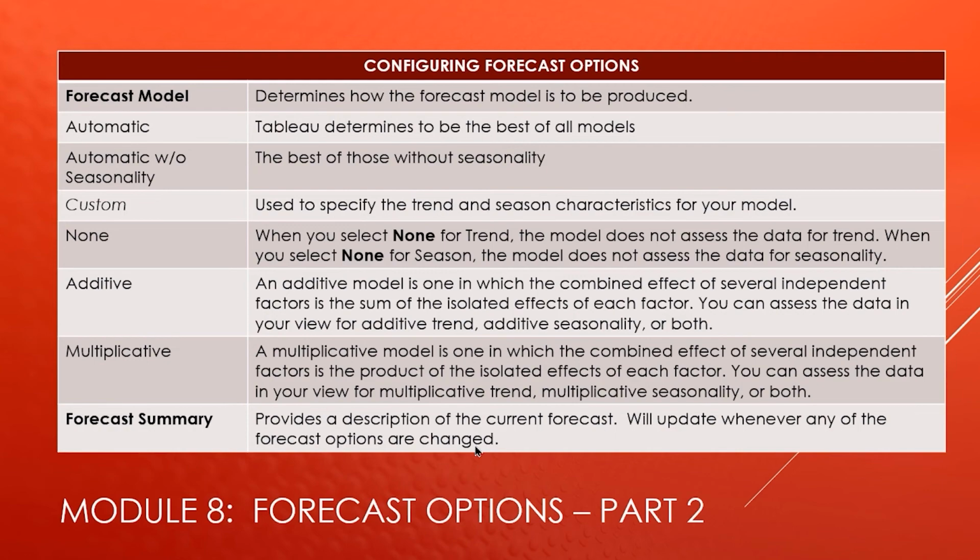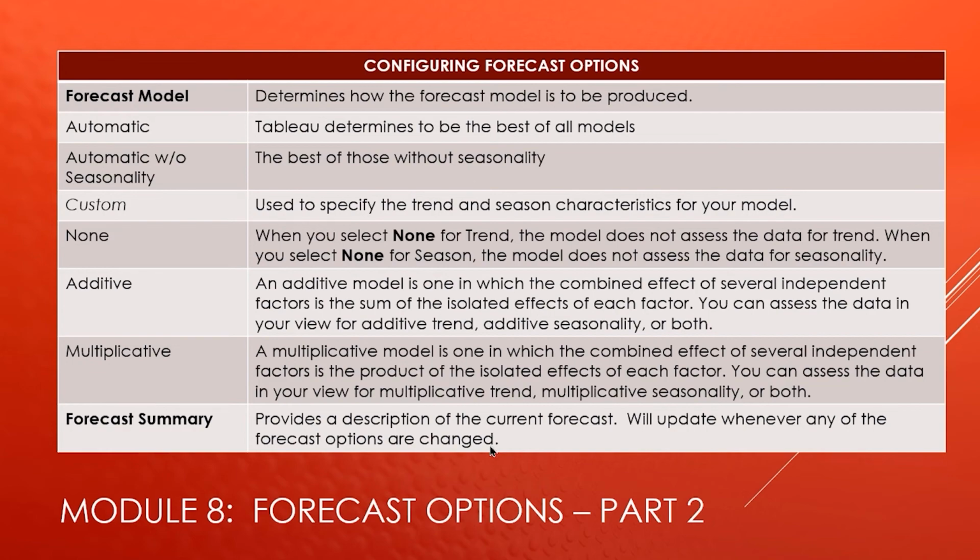The second part of configuring forecast options, we're going to review the forecast model and forecast summary. For the forecast model, that determines how the forecast model is to be produced. Your choices there are automatic, where Tableau determines what is to be the best of all models, automatic without seasonality, and it would be the best of those without seasonality as a consideration.